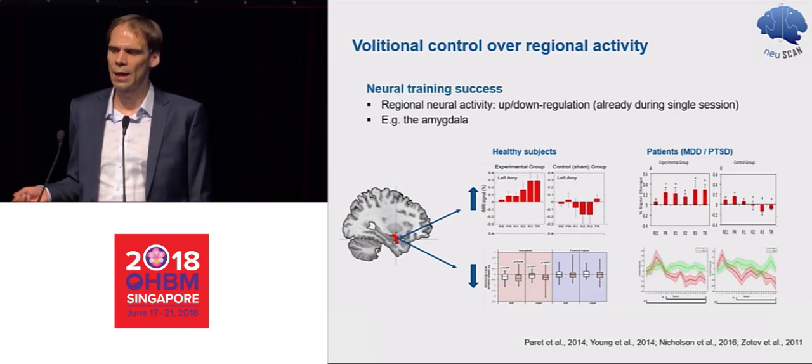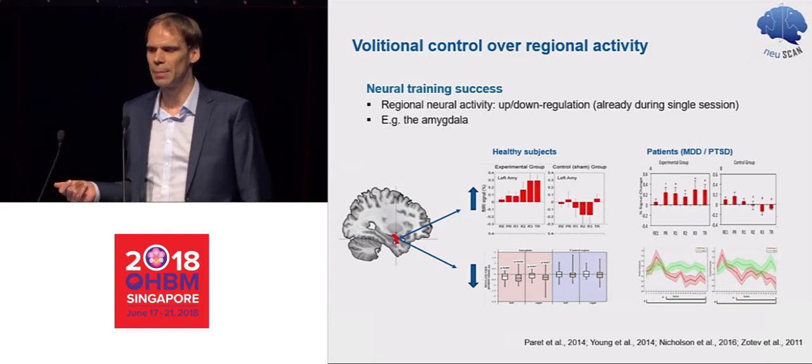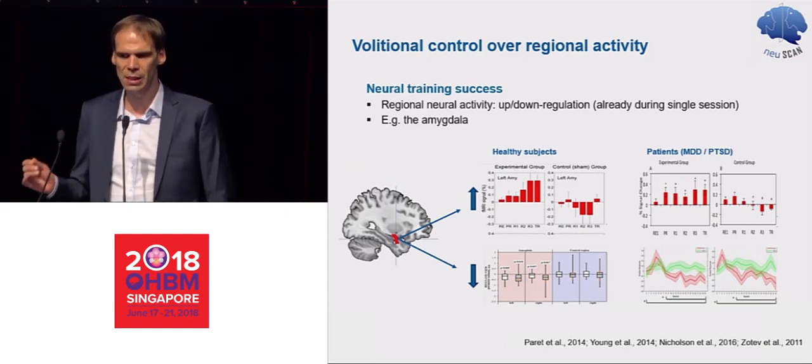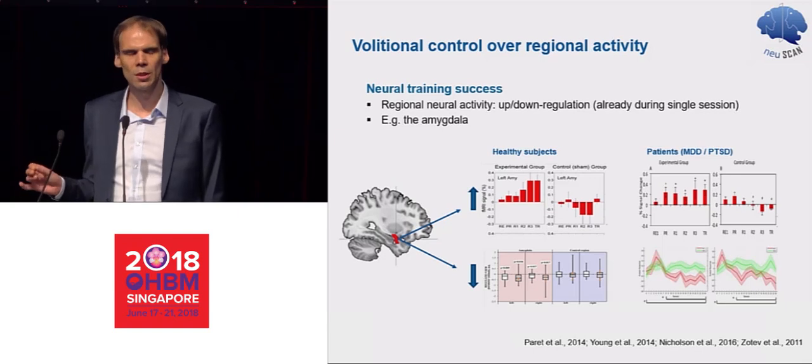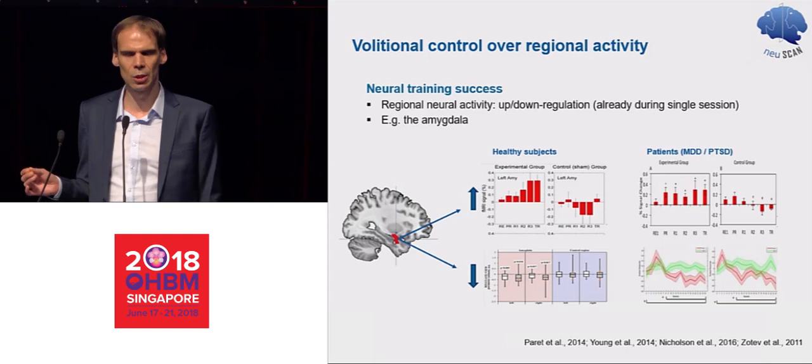That is, you really have the opportunity within 20 minutes to change regional specific brain activity. I will come back to this regional specificity later, but for the moment, let's just assume it's regional activity.